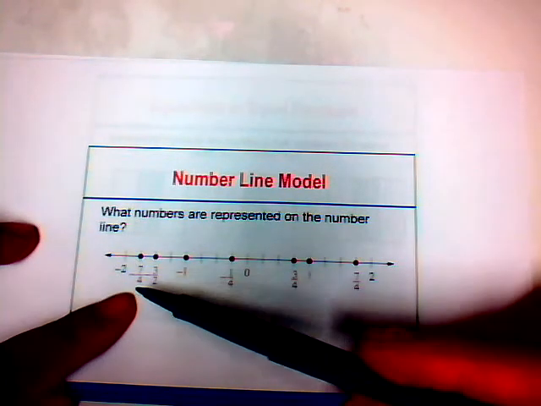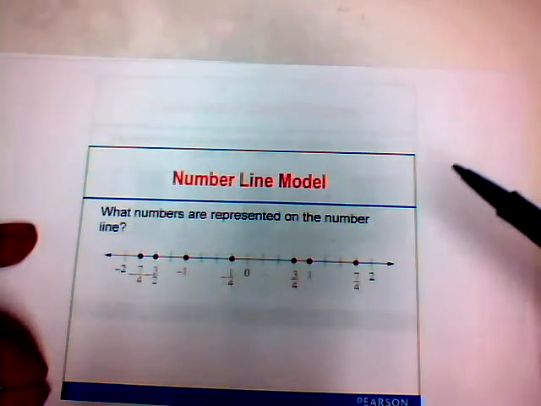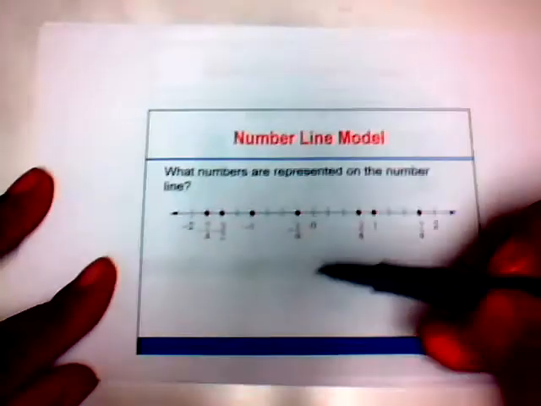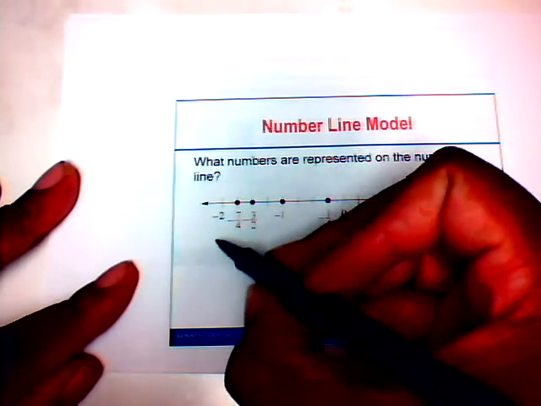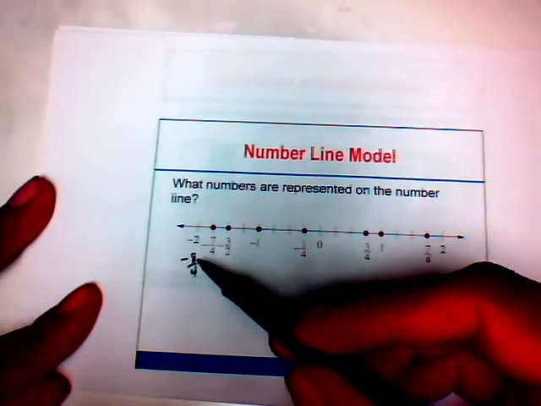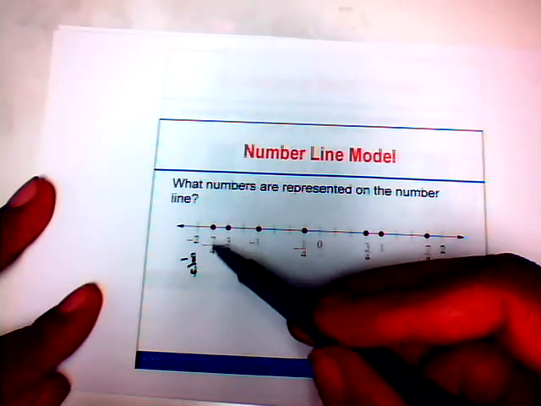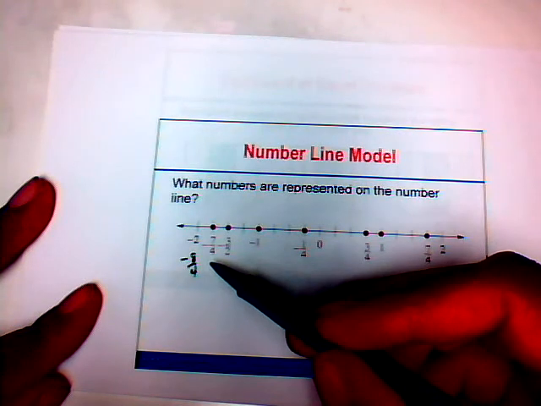So this dot would represent -7/4, because -2 is the same as saying -8/4. So -8/4 is the same as -2, so the dot before it has to be -7/4.